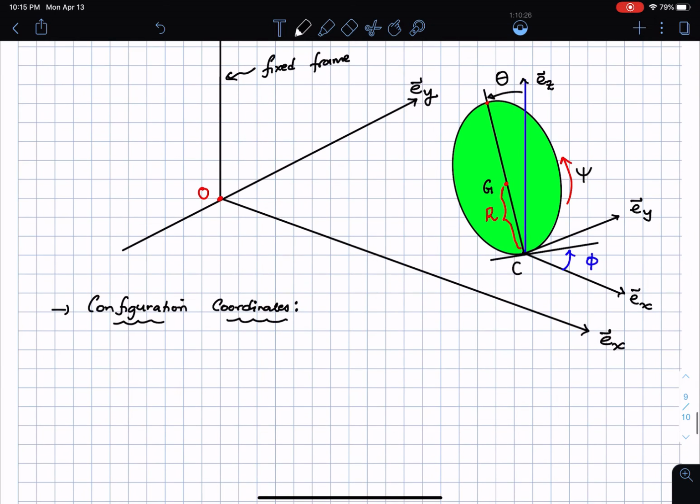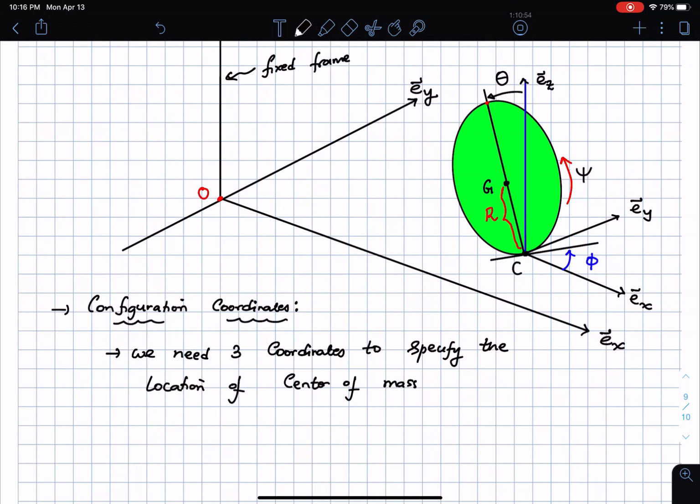Let me call this point G. This is the point C. So I need three coordinates to specify the location of the center of mass G of the coin.